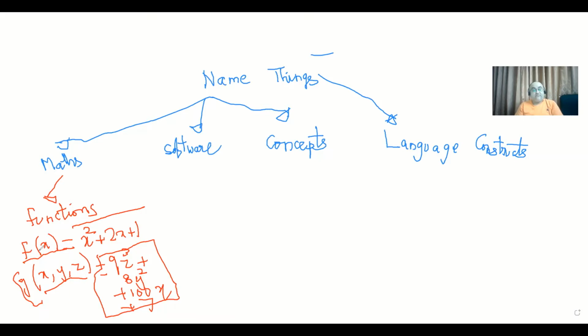And this name is very convenient because, as you would remember, this name enables us to forget the details, that is the detailed behavior, and just refer to it by name. Because, let's say elsewhere in that page, if I write g of x of y of z, I don't need to refer to all of these details again and again.